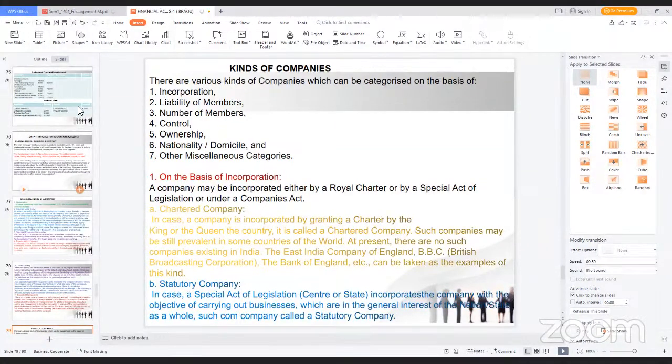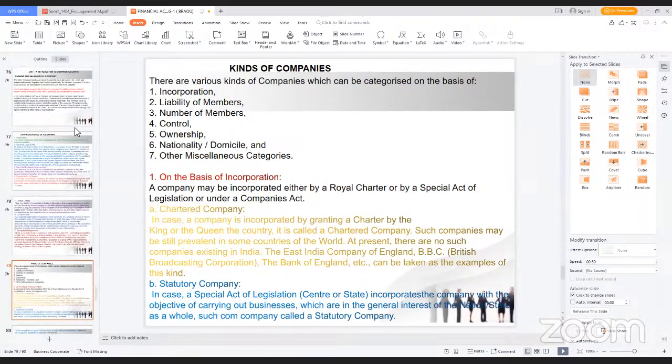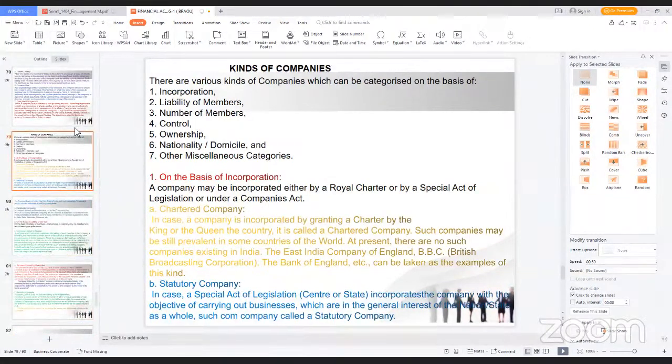And I have given the adjustments in the entries, how you will post in the profit and loss account, and how you will write in the balance sheet. So that's my class for today. I'll be ending today with the characteristics of a company.